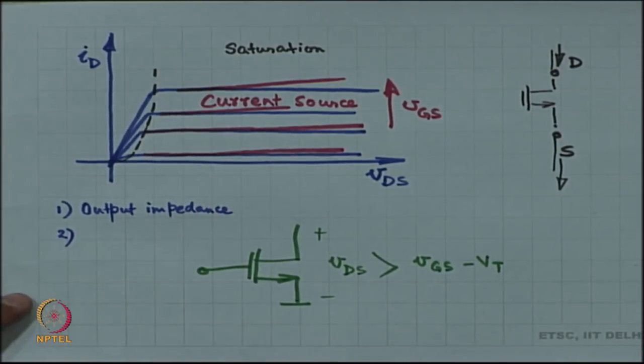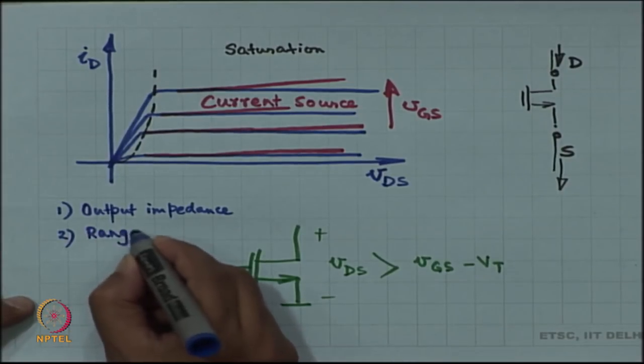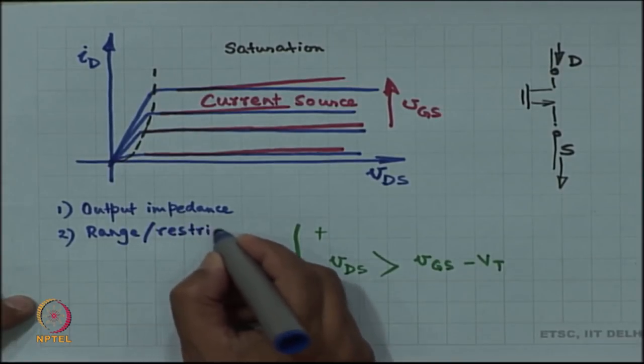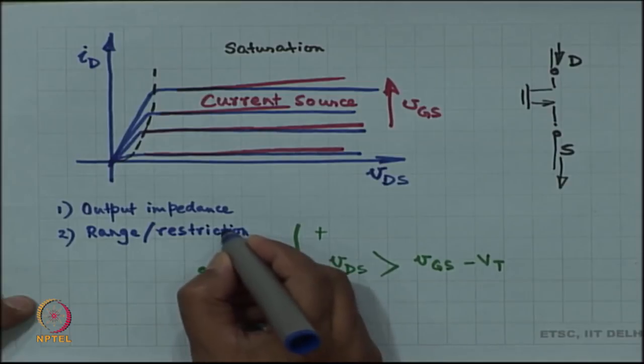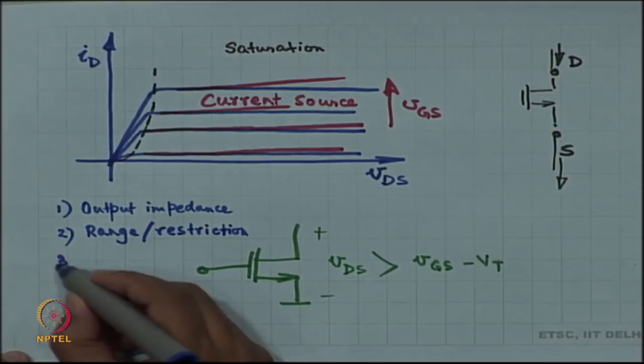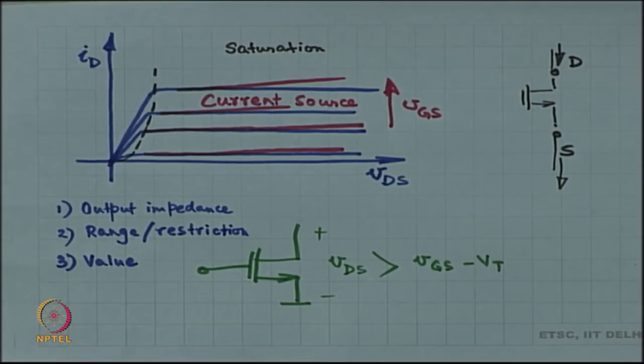A second problem is the range of voltages, and the third problem is the value. Okay, it is a current source, but what is its value? Do you have any control over the value of this current source? Okay, so, these are my three fundamental things that I have to work on.